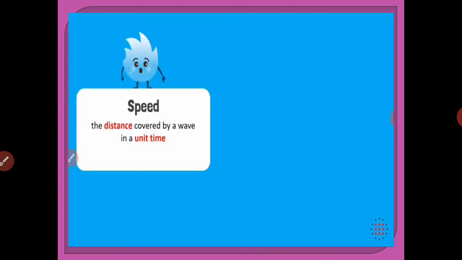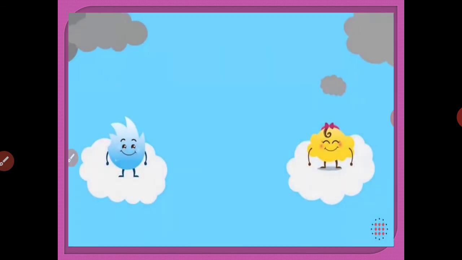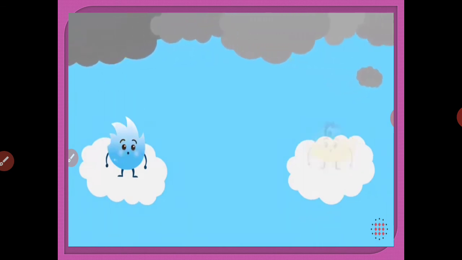Lastly, let's discuss speed. The distance covered by a wave in a unit time is called its speed. Speed is measured in meters per second. Imagine seeing a flash of lightning and hearing the thunder of clouds.